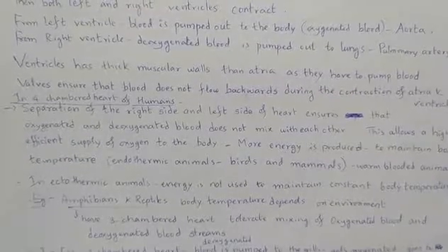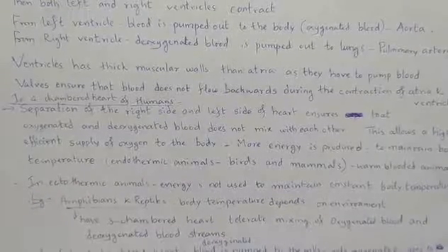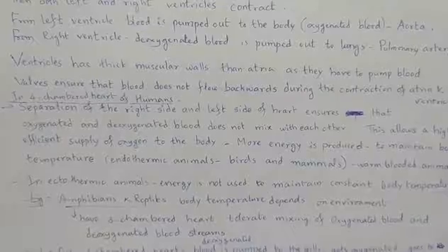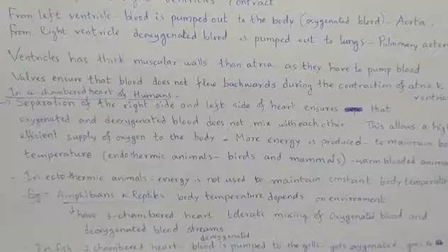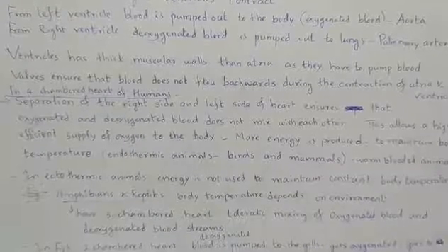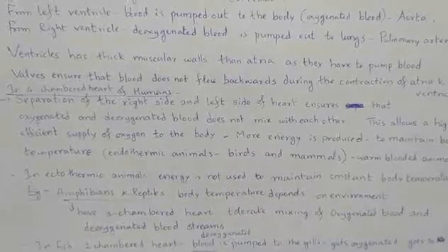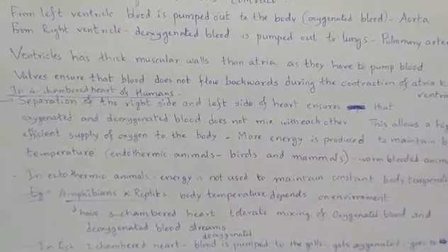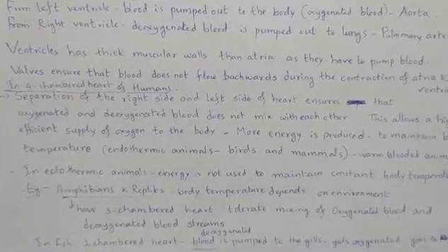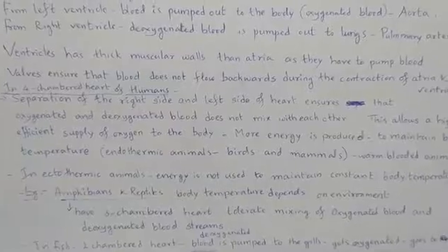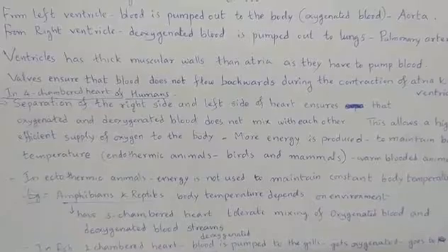In the four-chambered heart of humans, separation of the right side and left side of the heart ensures that oxygenated and deoxygenated blood does not get mixed up with each other.